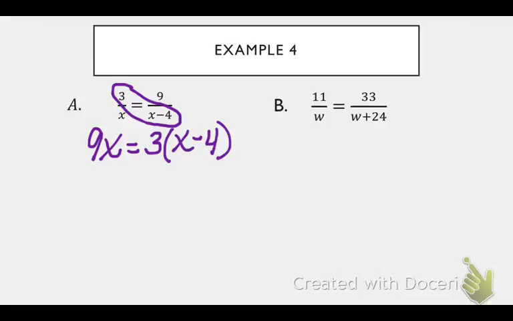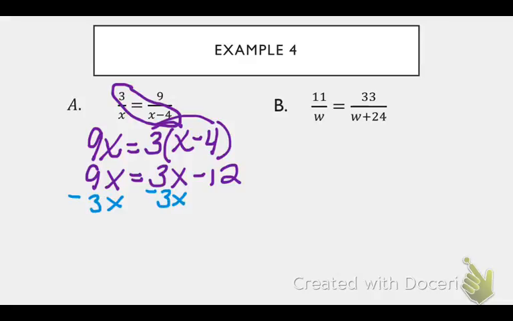So hopefully you recognize here that you're going to have to distribute on the right side to get 9x equals 3x minus 12. And now we need to isolate our variable by subtracting 3x, getting your variables on the same side, getting 6x equals negative 12. Then finally, divide each side by 6, and x equals negative 2.